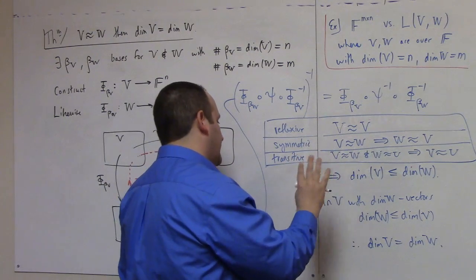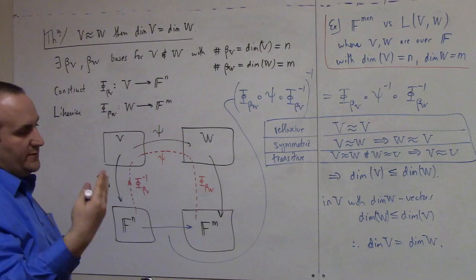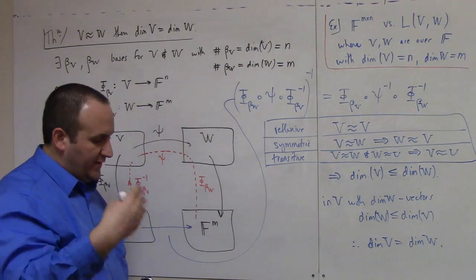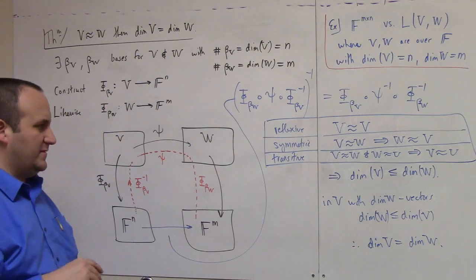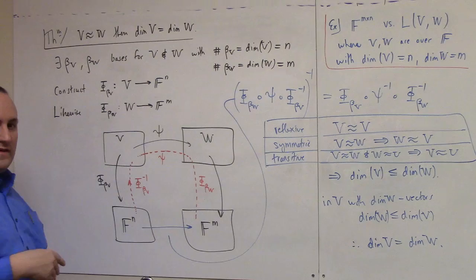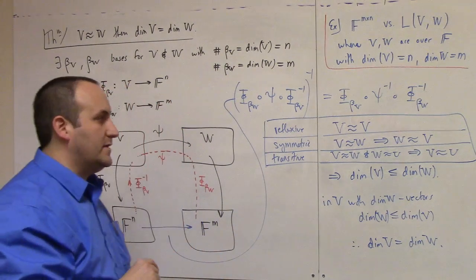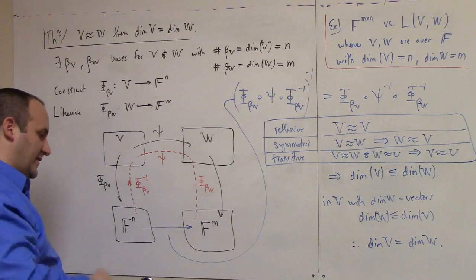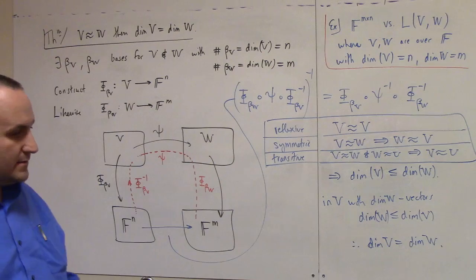Anyway, if you have an equivalence relation that partitions the set into disjoint classes, and these disjoint classes are all the vector spaces in a given equivalence class, how are they labeled? Well, it's kind of not that exciting. They all have the same dimension, so the dimension labels the equivalence classes for a given field, of course. You've got one-dimensional vector spaces, two-dimensional vector spaces, three-dimensional vector spaces, and up the chain.